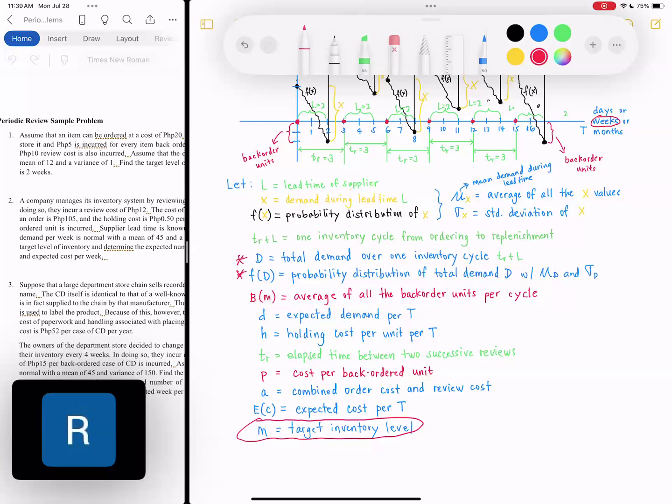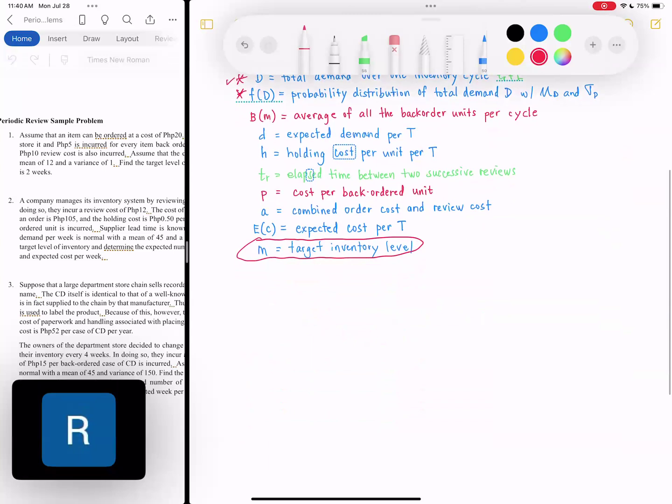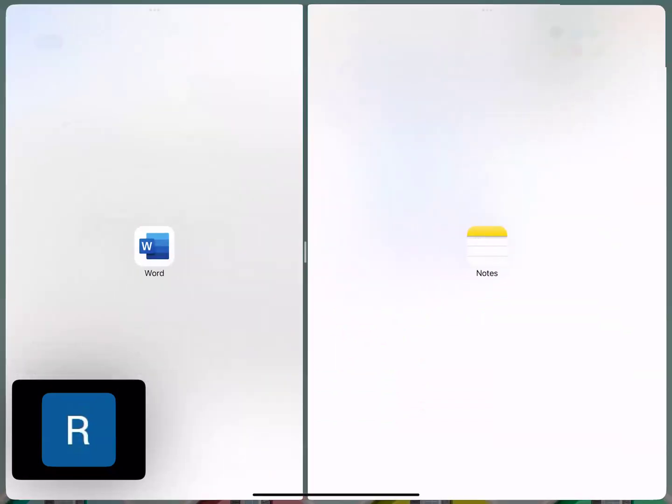And your random variables are X, this one, and D, this one. But as I've said, this is what we're interested in, because the formulas were derived using the probability distribution of the total demand. So if there are no questions, if that is understood, let's go on.